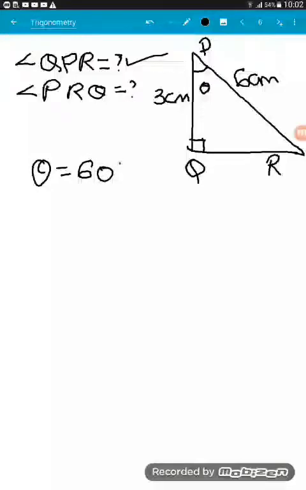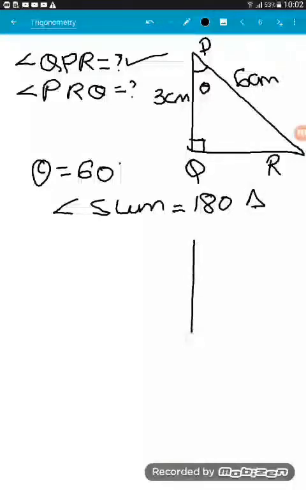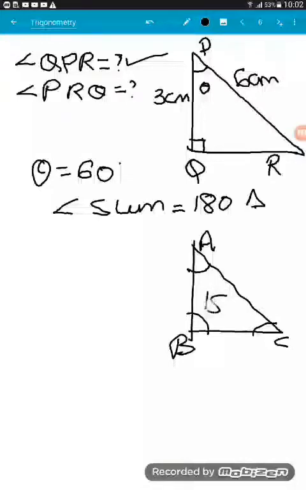And as we saw, the angle sum property of a triangle is 180 degree. Now what is angle sum? It is nothing but the sum of the angles. For example, in a triangle A, B, C, the sum of the three angles will give you 180 degree. That is why we are calling this angle sum equal to 180 degree.